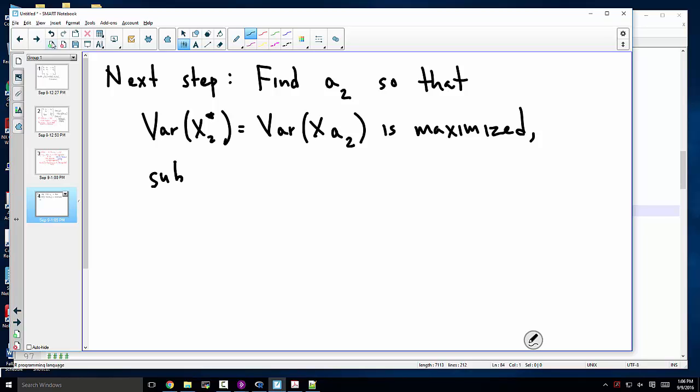subject to a constraint. Because we just found a1 that maximizes the variance among all linear combinations. If you were to multiply a1 times 5, say, every number in a1 gets multiplied by 5, then the variance will increase.